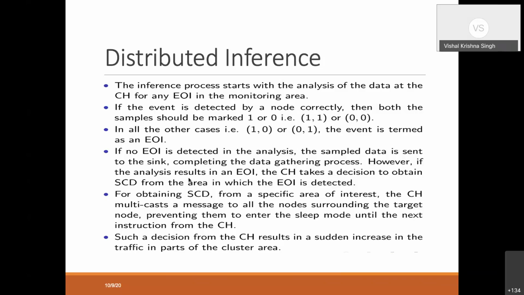For instance, let us consider the example of animal tracking. If an animal appears in the frame of a surveillance system, then there must be a minimum time frame for which the animal will be present.